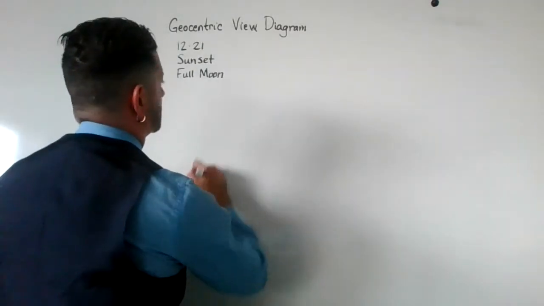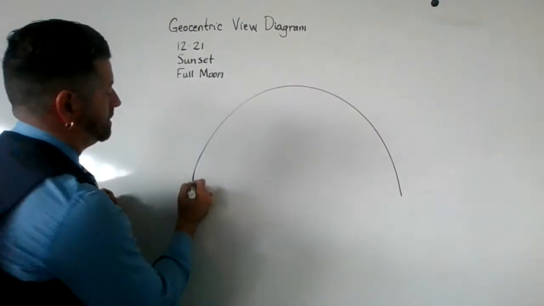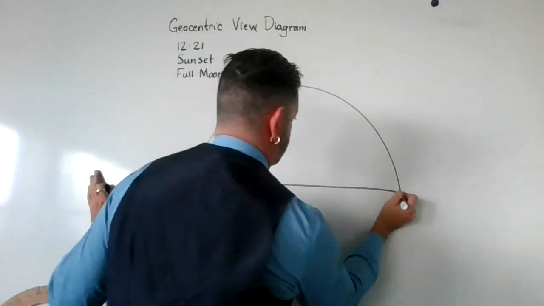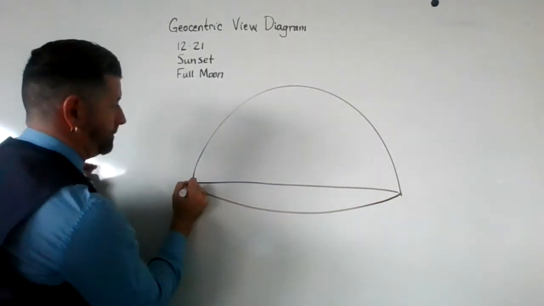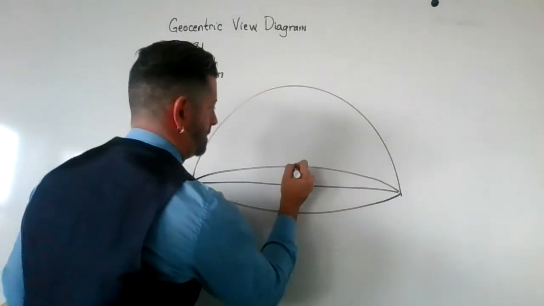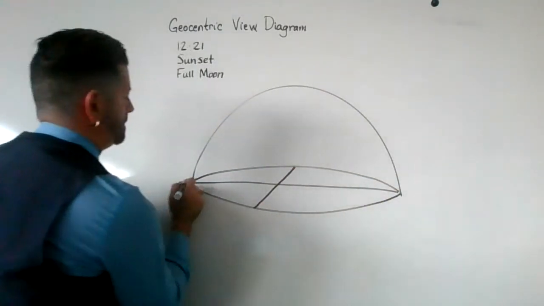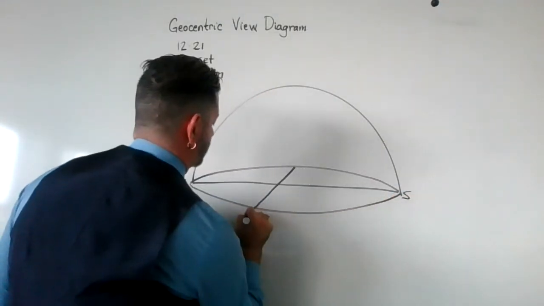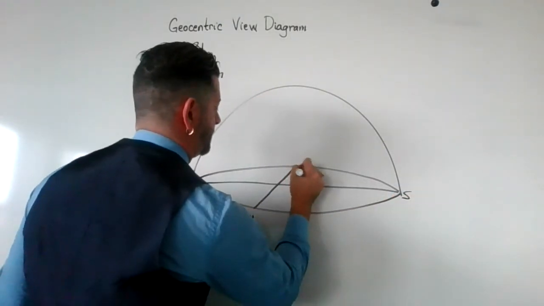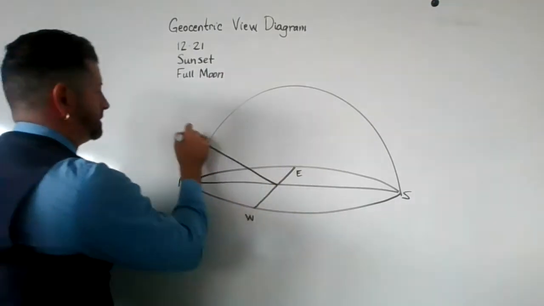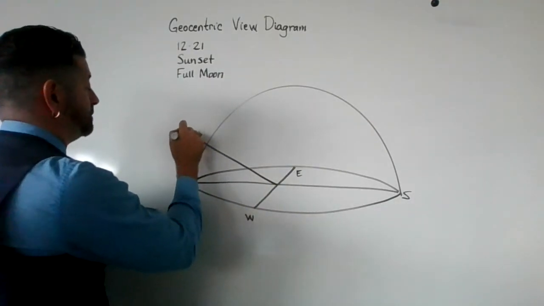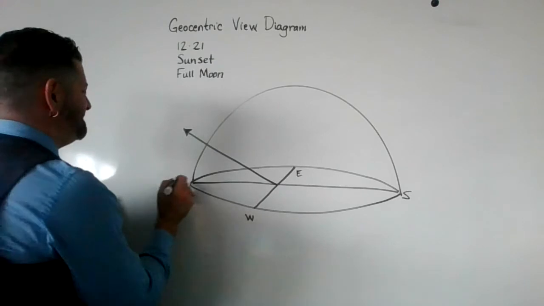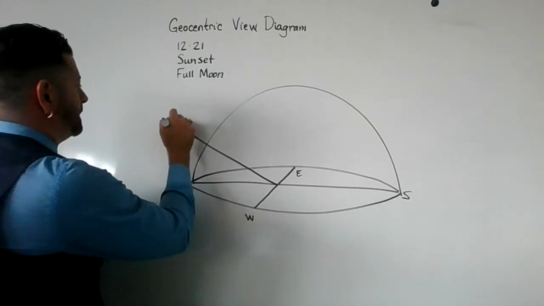First, put your arch in. Then your straight line. Draw your geocentric diagram. Label, of course, north, south, west, and east. Put your north celestial pole in. Point the NCP.